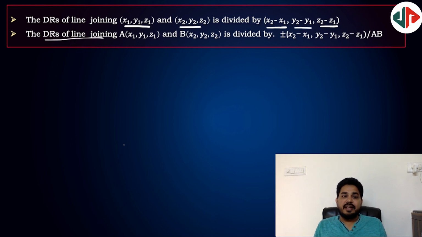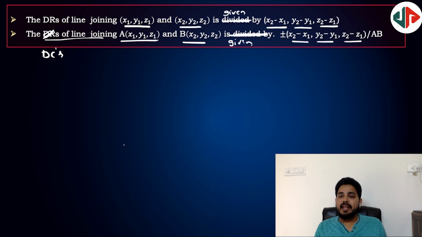Sorry, the DCs of the line joining A (x1, y1, z1) and B (x2, y2, z2) is given by x2 minus x1, y2 minus y1, z2 minus z1 divided by AB. So x2 minus x1, y2 minus y1, z2 minus z1 is the directional ratio, and dividing with AB gives the directional cosine.